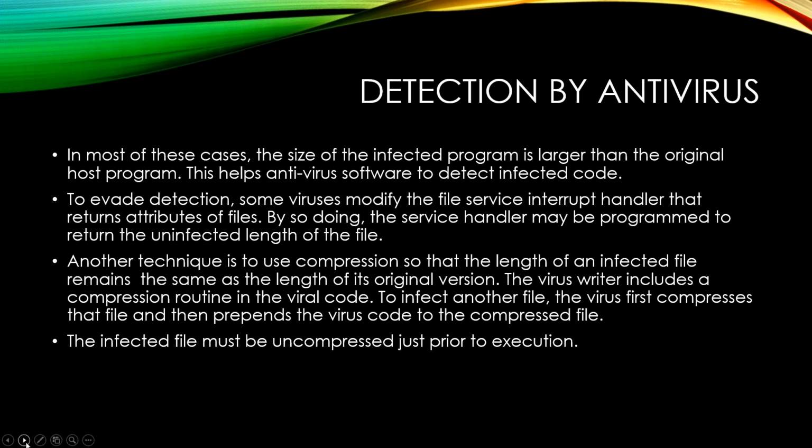The file service interrupt handler returns the attributes of files, meaning the size of the file, the permissions for the file, and all these attributes of the file are returned whenever this particular service handler is invoked.